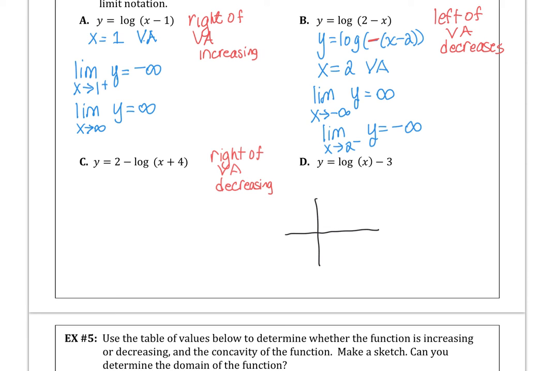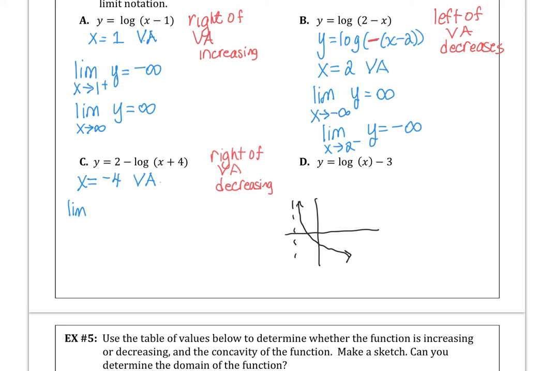We've got -4 is our vertical asymptote. We've flipped over and we've got a decreasing graph. So x equals -4 is the vertical asymptote.